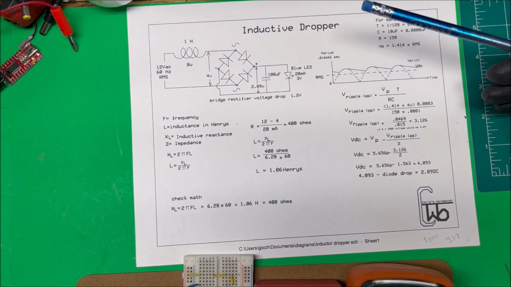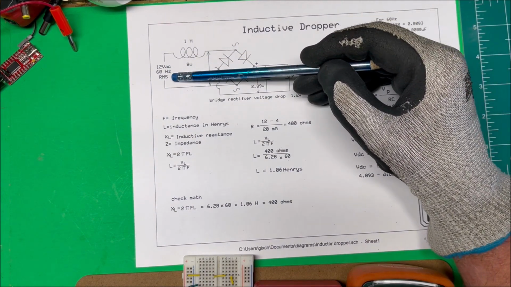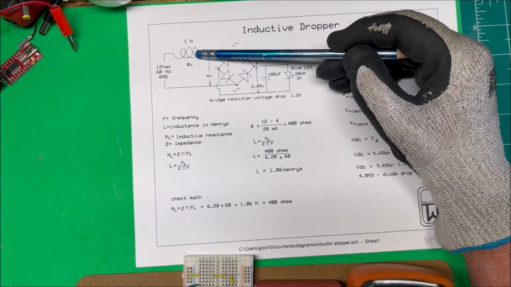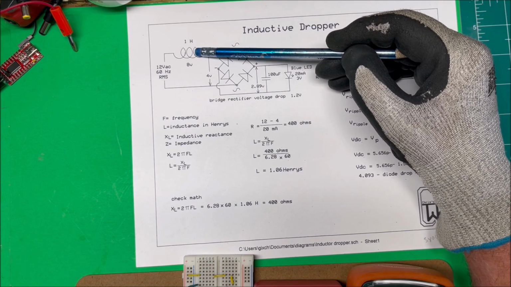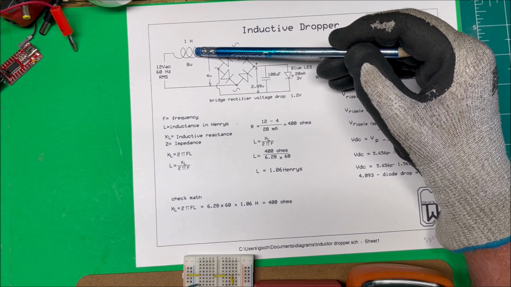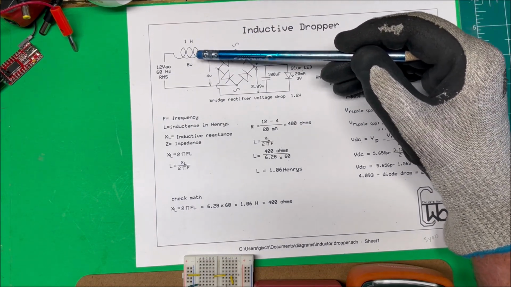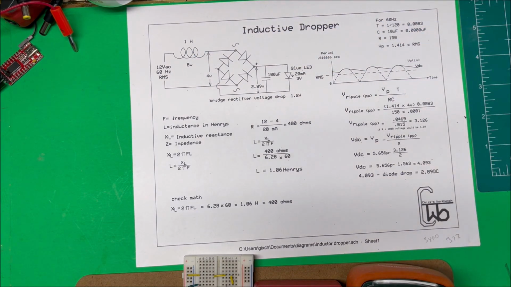The reason I'm not doing this with 120 volts AC is, first of all, it's not all that safe, and with 120 volts I'd need a 15 Henry inductor, which is quite large and about $40. So I went with a 1 Henry one that I had, which is about $10. So we're going to see if it works.